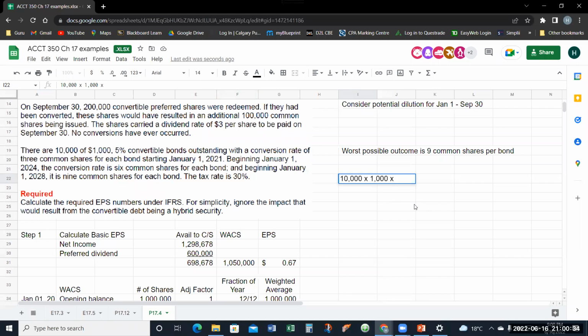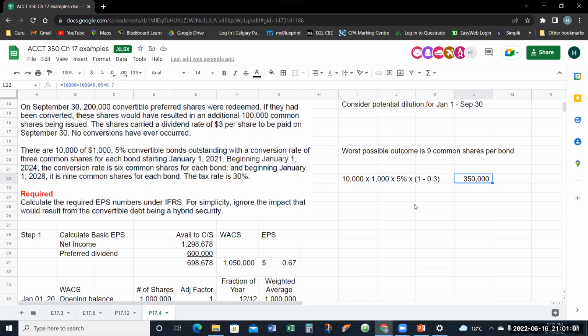And then we have a tax rate of 30%. So 1 minus 30%. The total amount of interest that we can save is 10,000 times 1,000 times 5% times 70%. We can save $350,000 of interest after taxes if these bonds are converted.